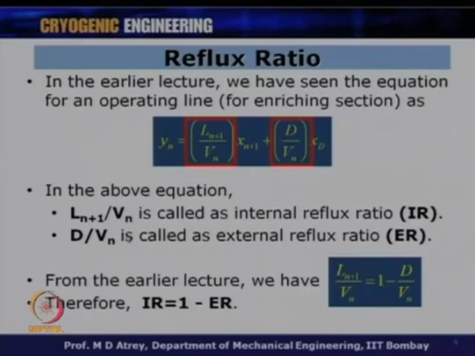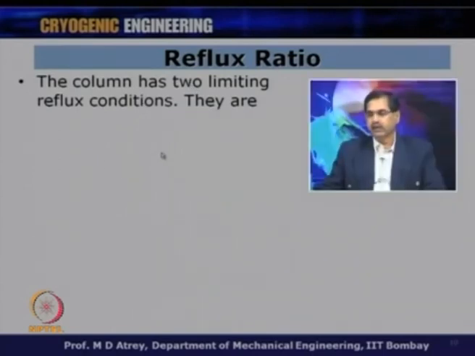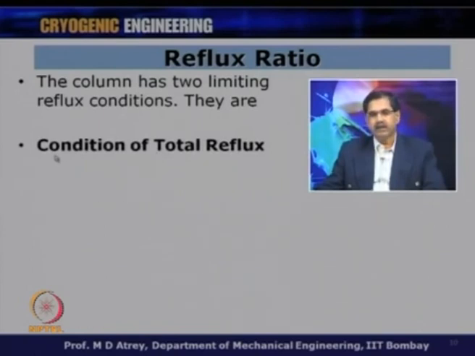Let us see these cases now. If the ER or the external reflux ratio is 0, then the internal reflux ratio becomes equal to 1. So, the column has two limiting reflux conditions, which I just showed you by some mathematical formulation. One condition is called the condition of total reflux. Ln plus 1 by Vn is called the internal reflux ratio, D by Vn is called the external reflux ratio.